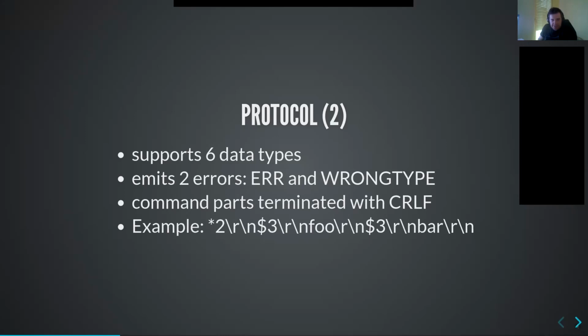So basically what we see here is a string that starts with the first byte that's usually a discriminator for type that follows. Asterisk is discriminator for an array of values, and here we see that we will have an array of 2 values, followed by the first value, which is a string indicated by $, of 3 characters with value foo, and then a string of 3 characters with value bar.